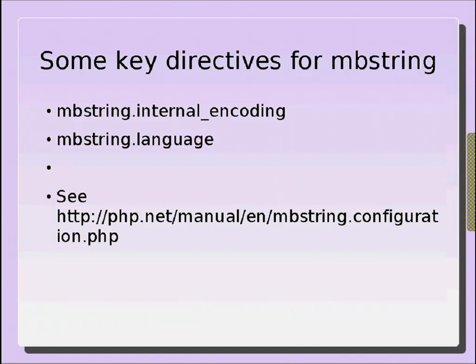It's basically the default character set encoding, not for PHP itself, which we've just talked about, but the default encoding for all of the mbstring functions. A very useful thing to set and design your application around.